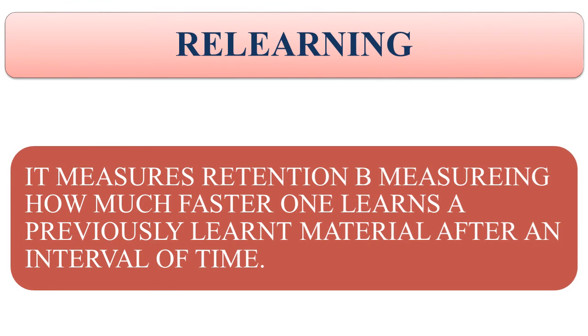This method is also known as the saving method. The same material is learned by the same subject up to the same learning criterion on two different occasions, separated by some time interval.